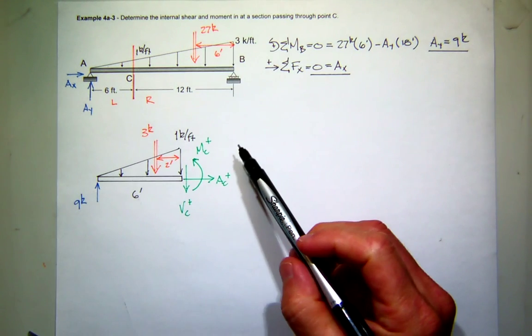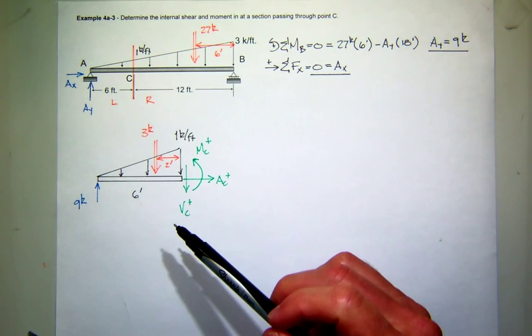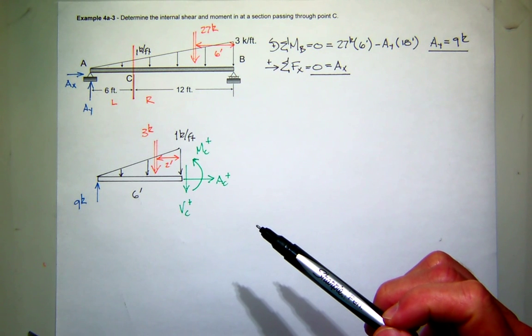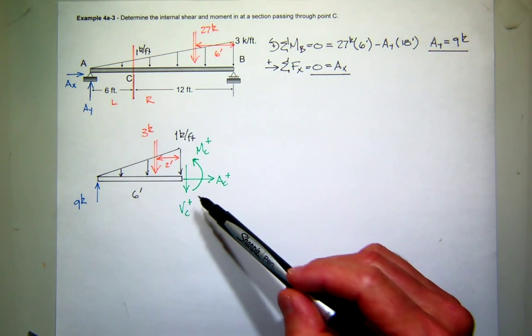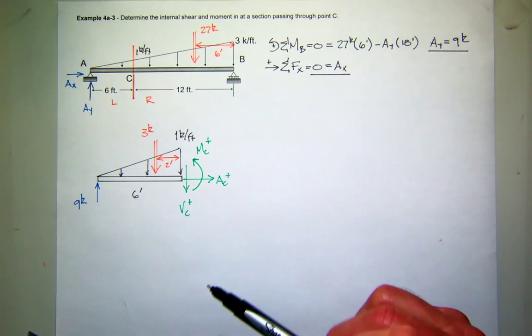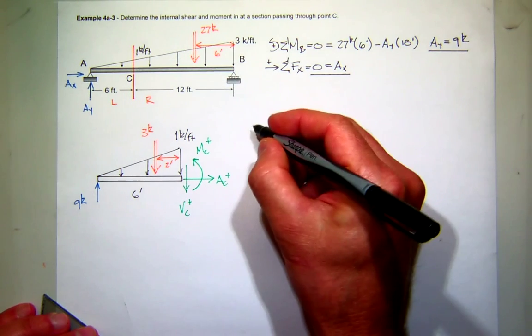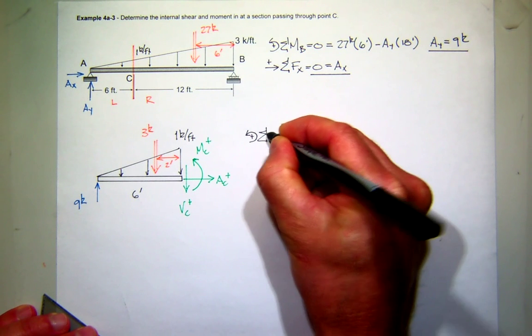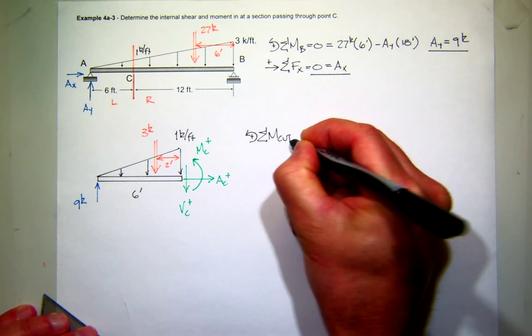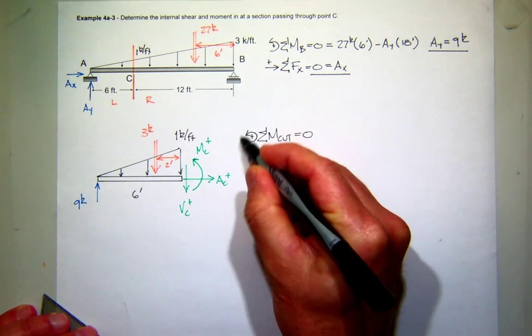Again, if you're doing this on the exam and you get to this point, you're 2/3 of the way there for me, maybe more. This would almost be passing that problem if you just got to this point. I consider the rest to be pretty much just plug and chug. So you're just going to sum moments about the cut. Right hand rule is my sign convention.